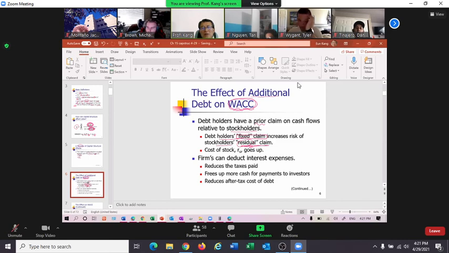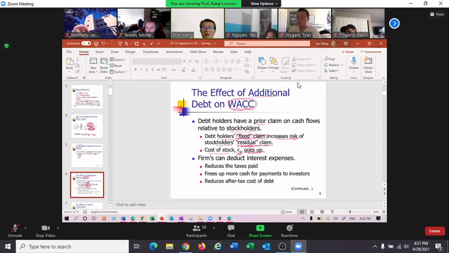Then that increases the risk of stockholders' residual claim, because they get money after debt holders are satisfied. The company has to pay interest and principal to survive, and whatever is left is theirs, right? This fixed claim increases the risk. So the cost of stock will go up by borrowing money, right? If you compare to a 100% equity company, if you borrow money, the cost of stock will go up because your company becomes more risky.